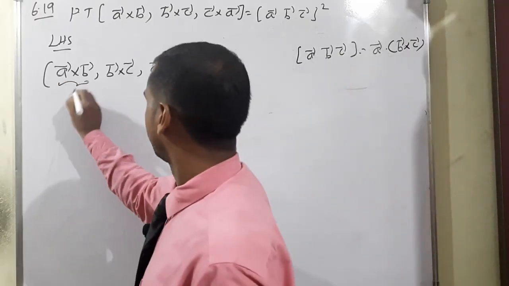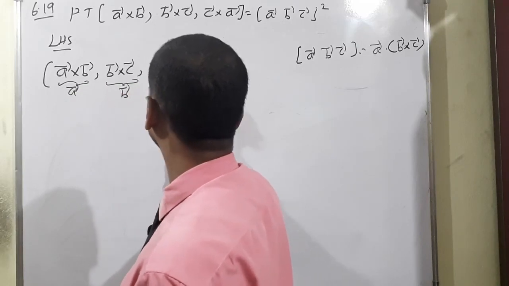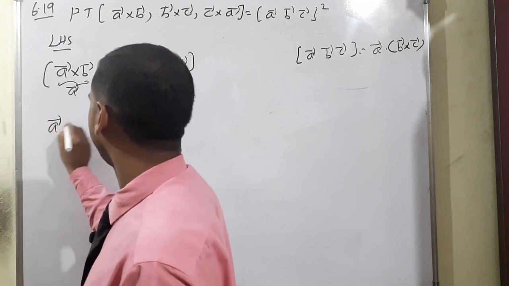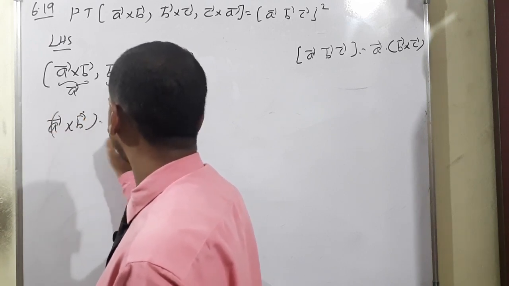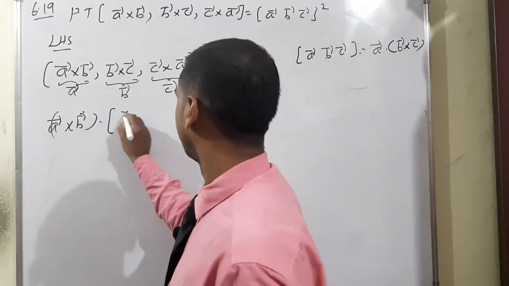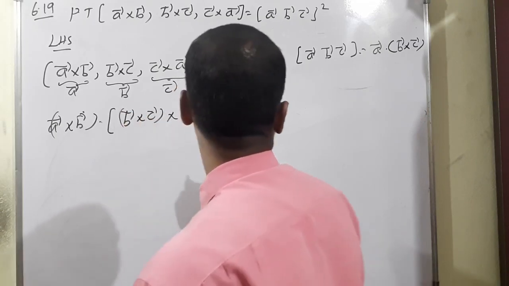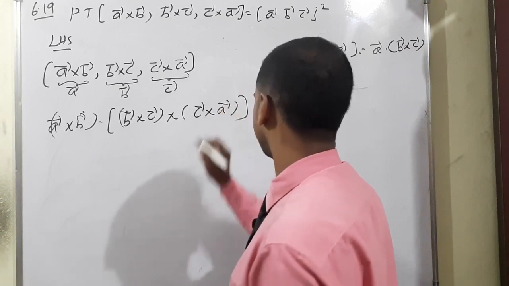So this is a whole term: consider first term for A vector, second term for B vector, third term for C vector, means what will happen? Outside we can write A vector cross B vector dot, inside B vector cross C vector cross C vector cross A vector, isn't it?